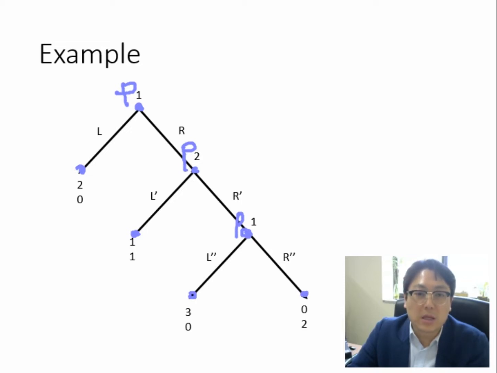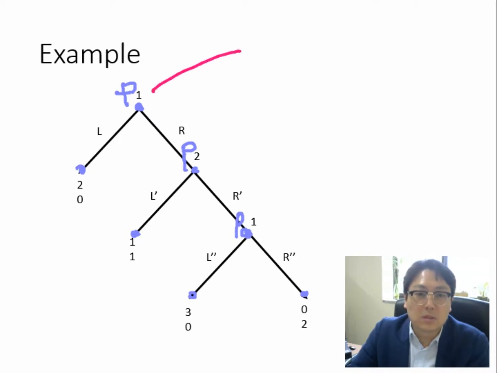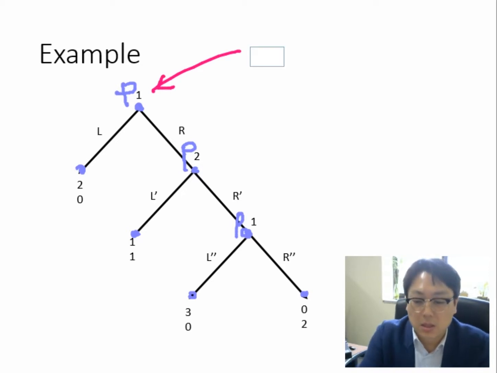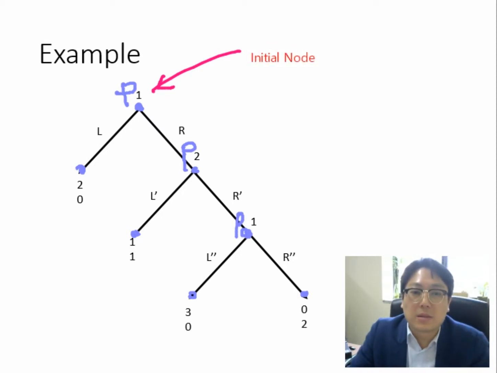And I will say this node is an initial node again, because at this node the game starts, and these are terminal nodes because once the players reach these terminal nodes, the game ends and the players will receive their payouts.